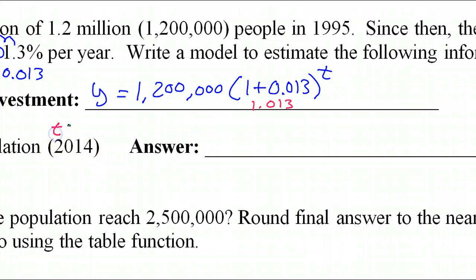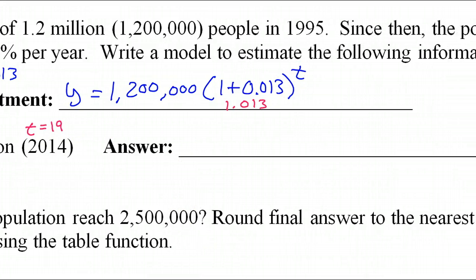So t is equal to 19, and we're just going to plug in 19 for t. Notice in the model you do not plug in the 19. You leave it as t for the model. If you put in the 19 right there, you're losing points. You just use it to find the answer.